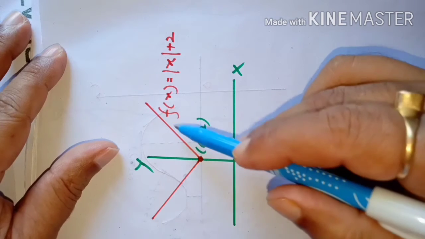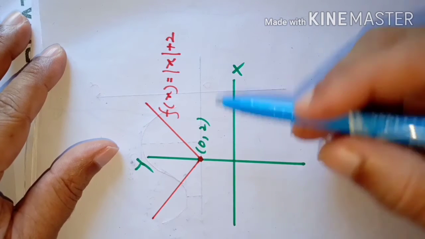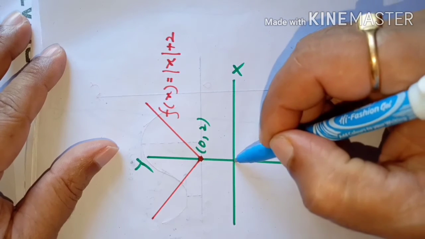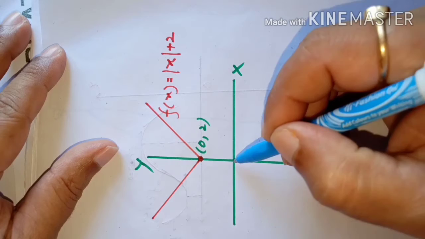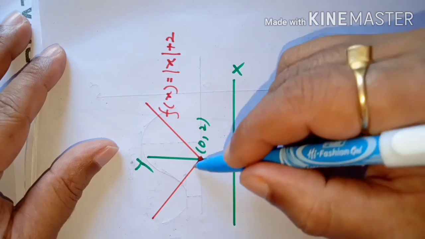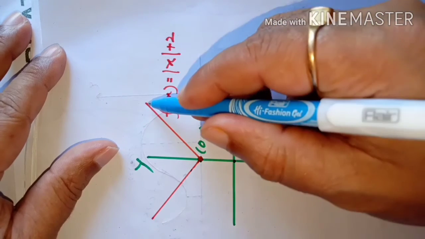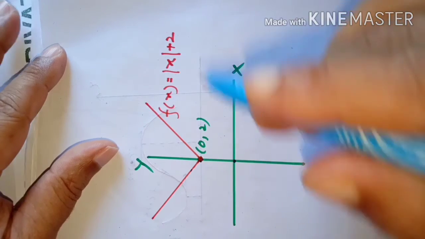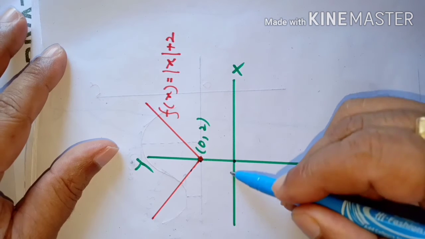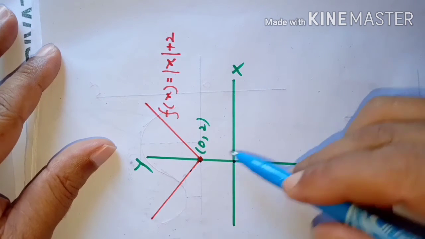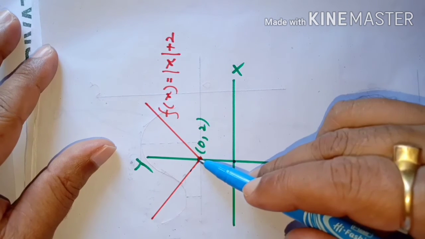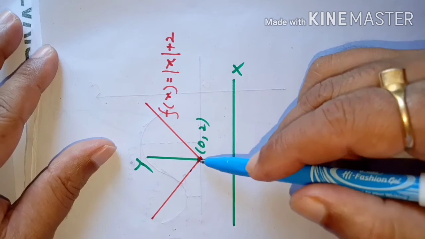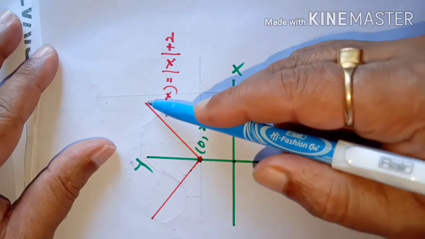So this is not a differentiable function, but it has a critical point. The critical point is x equal to 0, because at 0 it turns from decreasing to increasing. As it goes towards 0 it was decreasing, but to the right of 0 it starts increasing again.